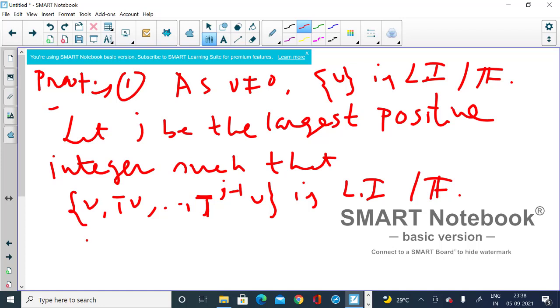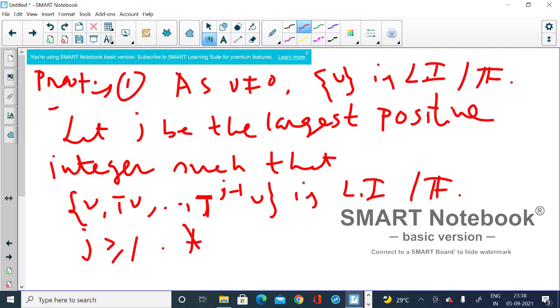J cannot be 0, because j equal to 1 gives you the singleton v, which is linearly independent. You know that j is at least 1, but j is also finite, because j cannot be infinite.